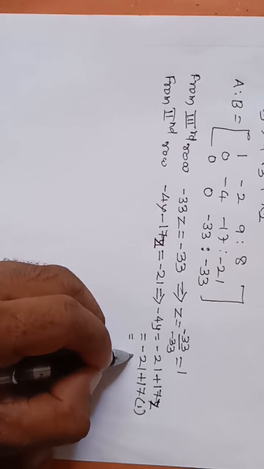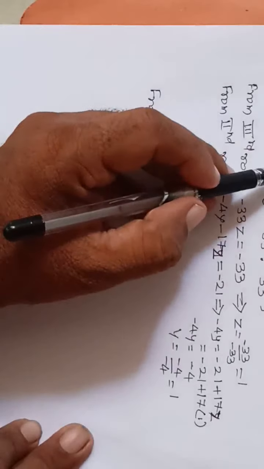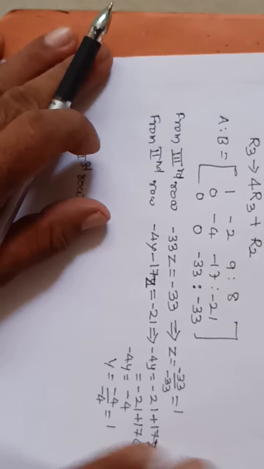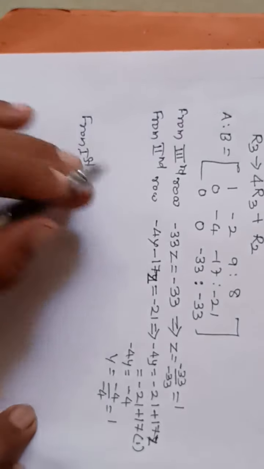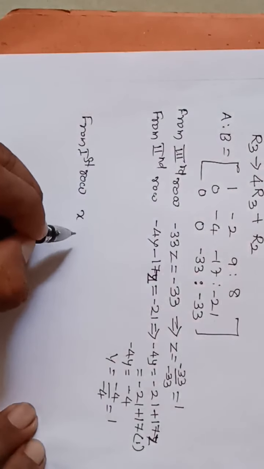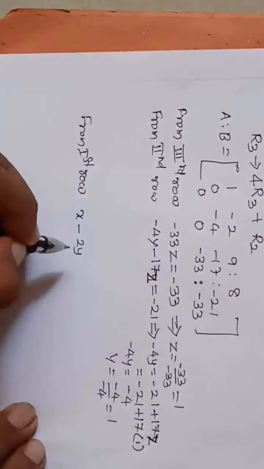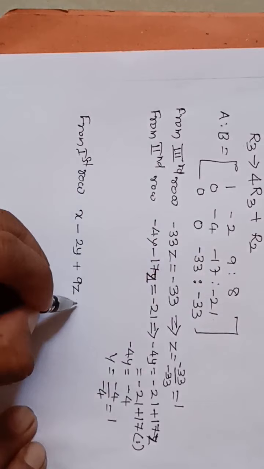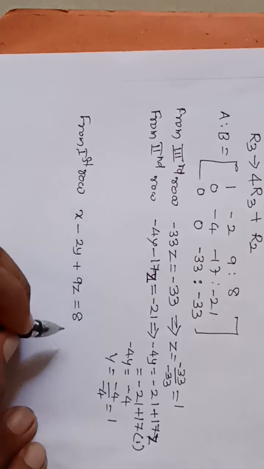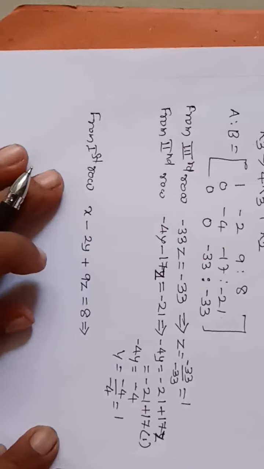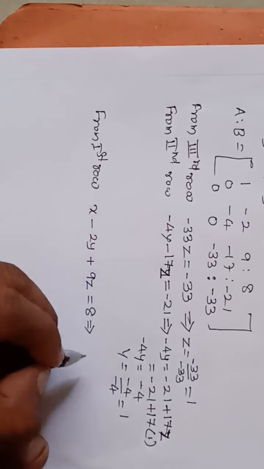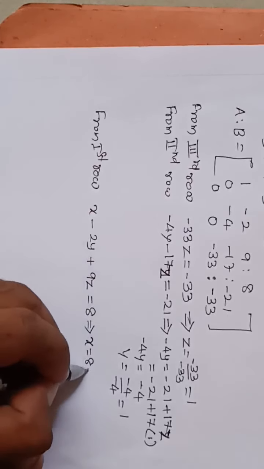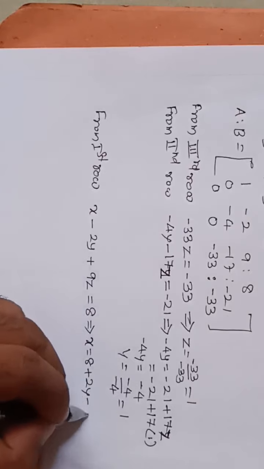And from the first row, x minus 2y plus 9z is equal to 8. This implies x is equal to 8 plus 2y minus 9z.